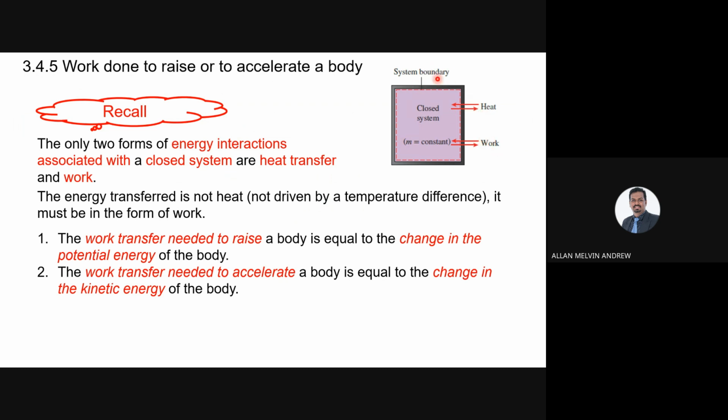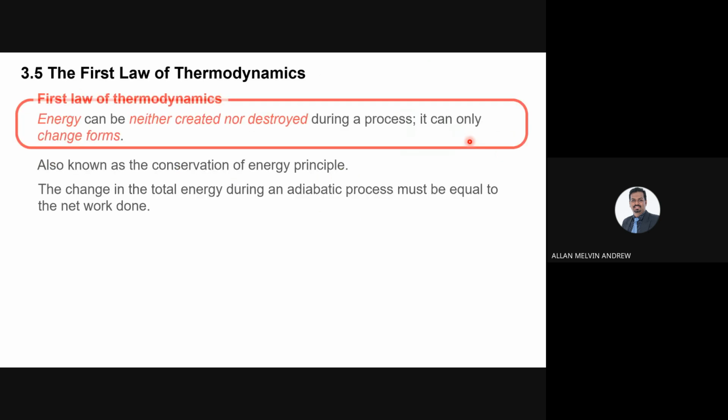In an adiabatic process you have insulation, so no heat is transferred and only work can be done. That is what we are explaining here: the change in total energy of an adiabatic process must equal the net work done because there is no heat component.